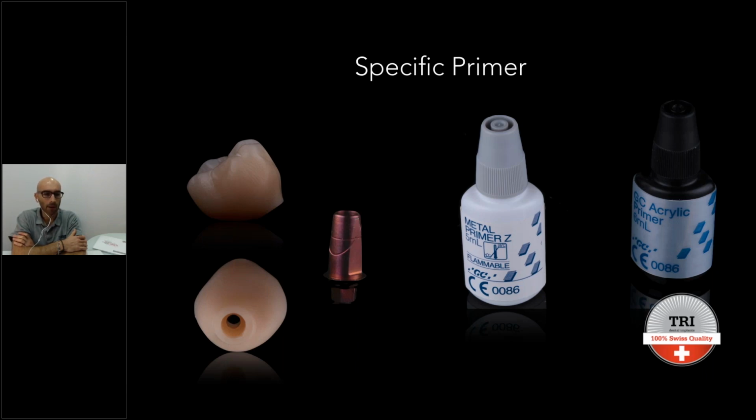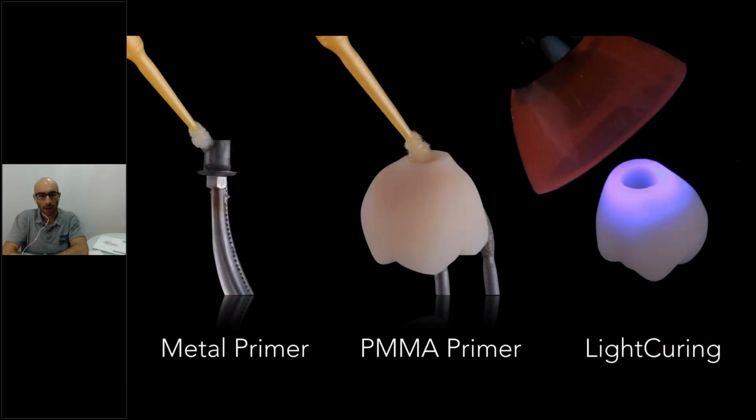The metal primer creates a very good bonding between the composite cement and the metal of the T-base. The acrylic primer creates a very strong bonding between the PMMA restoration and the composite cement. So if you follow this protocol, you apply the metal primer on the T-base with the brush. Then you apply the PMMA primer inside the crown, and it has to be light cured.